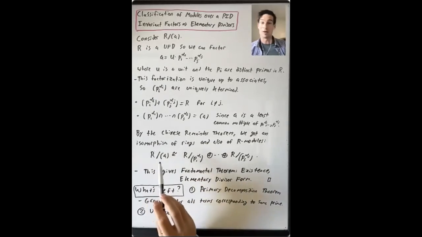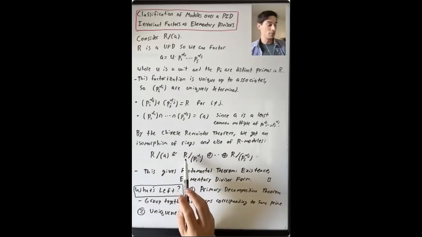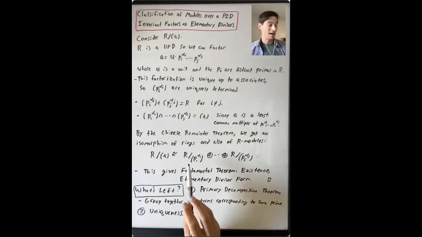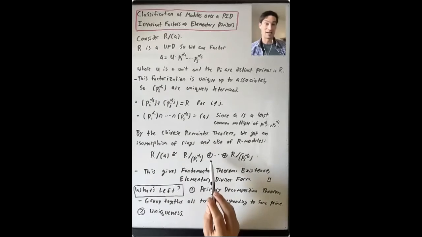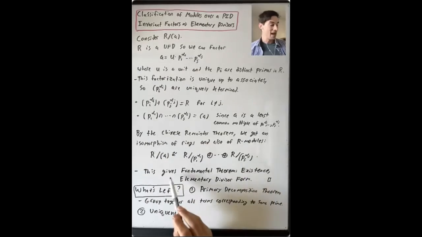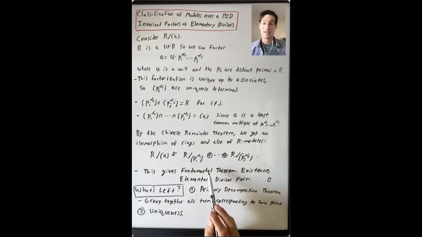So we see that R mod the ideal generated by A is isomorphic to the direct sum of these R mod the ideal generated by P1 to the alpha 1, direct sum R mod the ideal generated by P2 to the alpha 2, plus R mod the ideal generated by PS to the alpha S. And this gives the fundamental theorem existence in elementary divisor form.